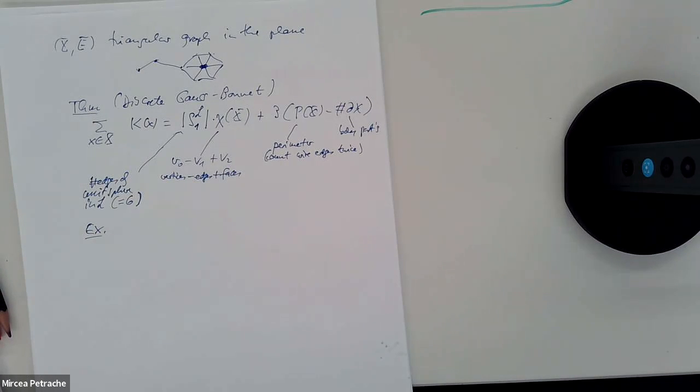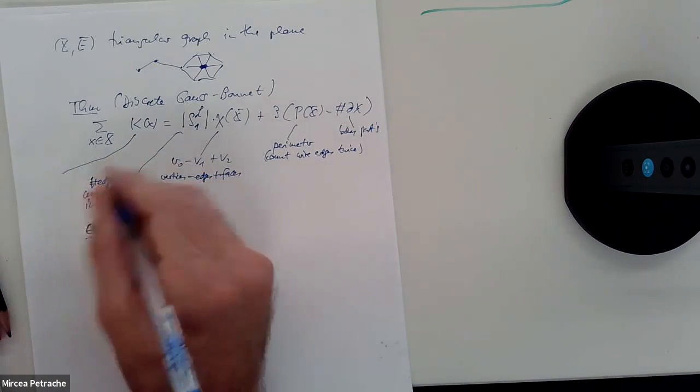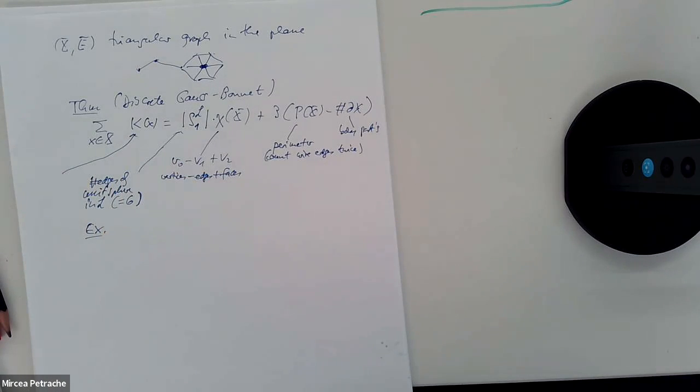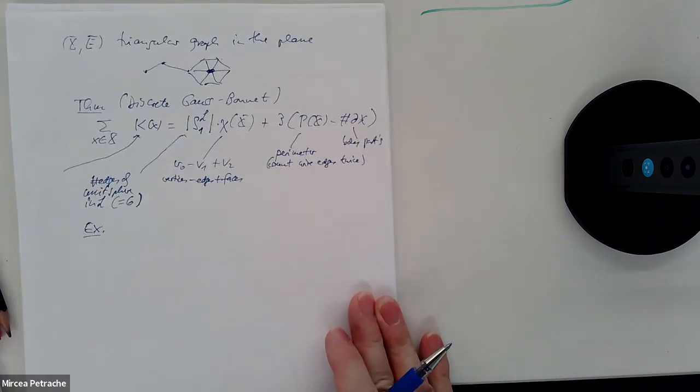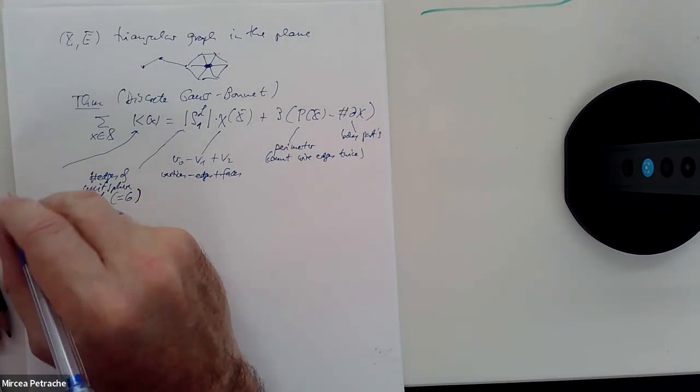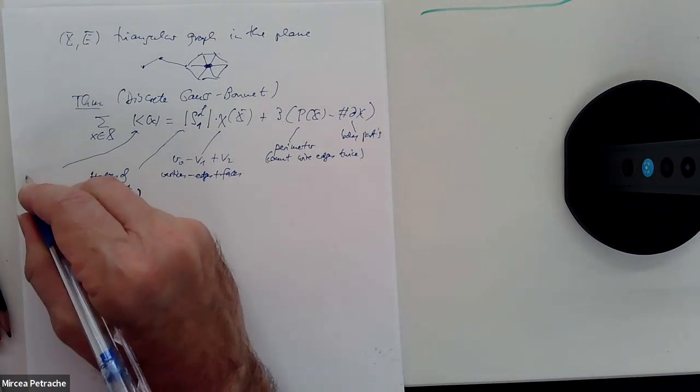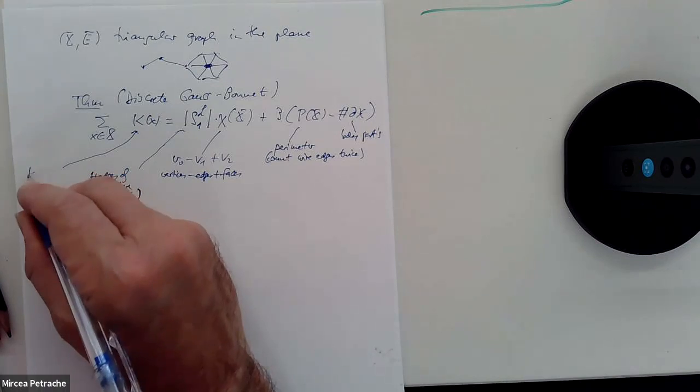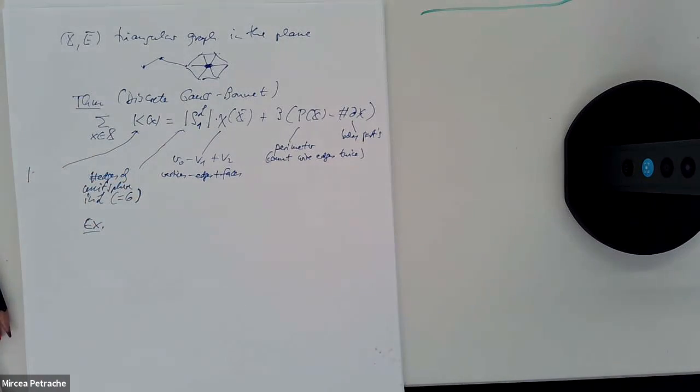So the curvature is essentially the Euler curvature, but corrected by a boundary term. I explained this yesterday.